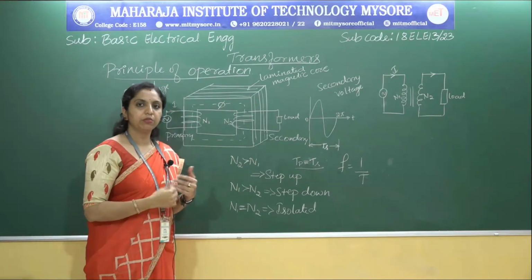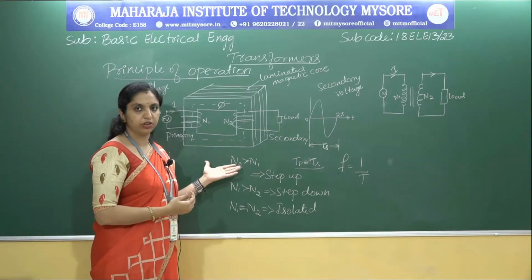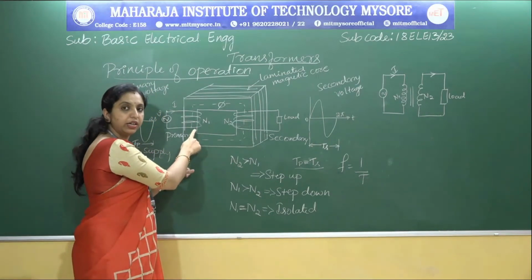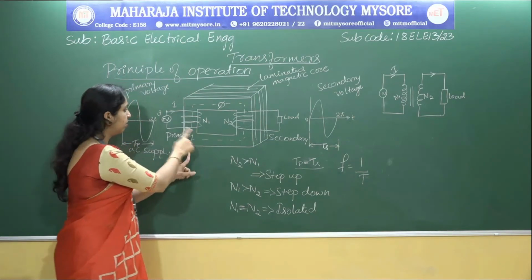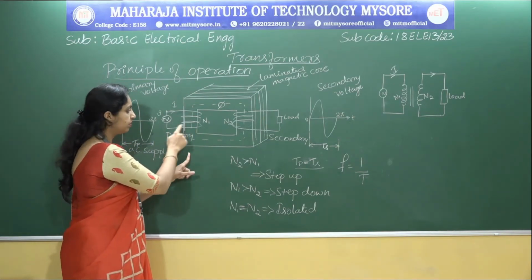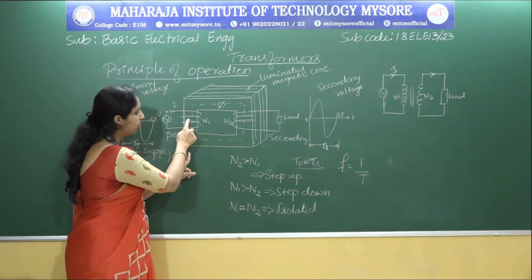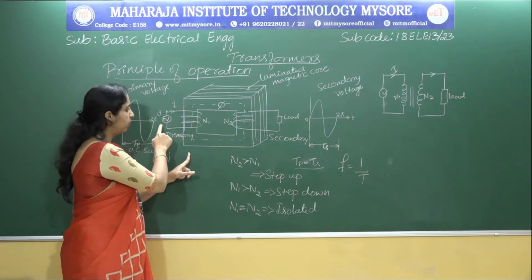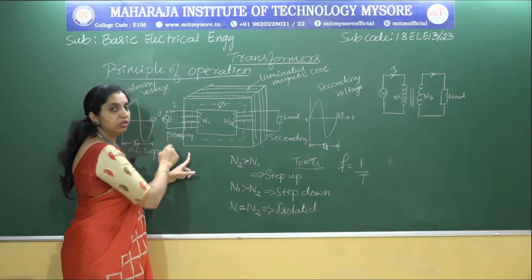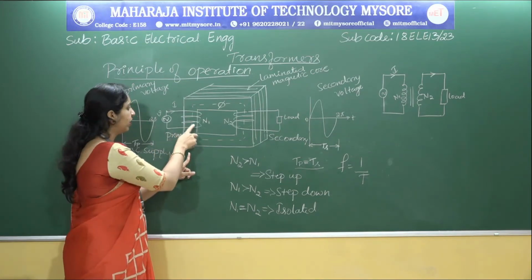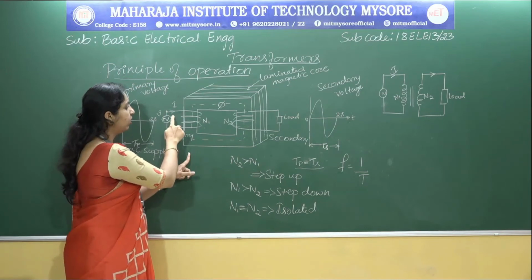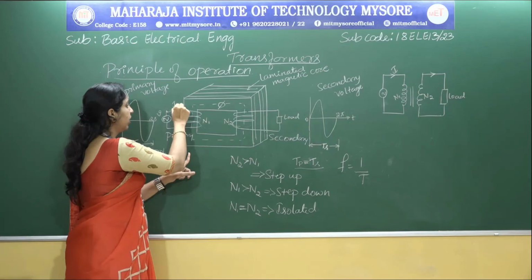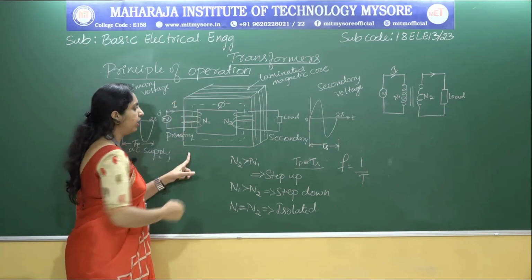Now if we come to the working of this particular transformer, initially the primary winding gets excited by a voltage source, and alternating current flows through the winding. Already I have indicated in the earlier sessions that any current carrying conductor will be surrounded by a magnetic flux.